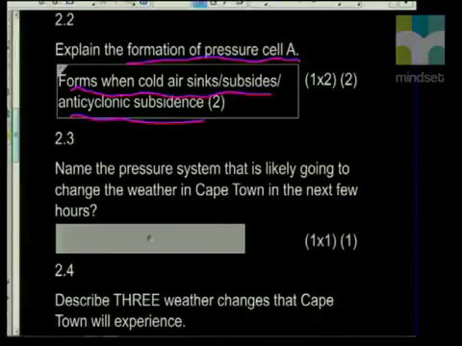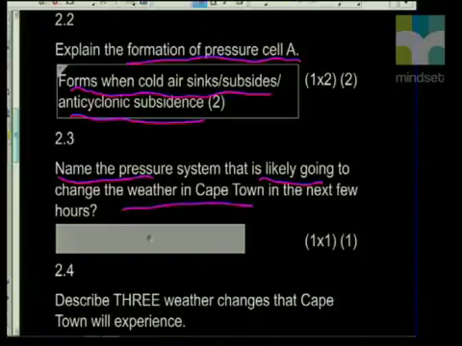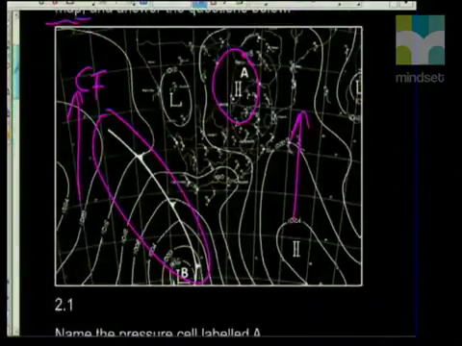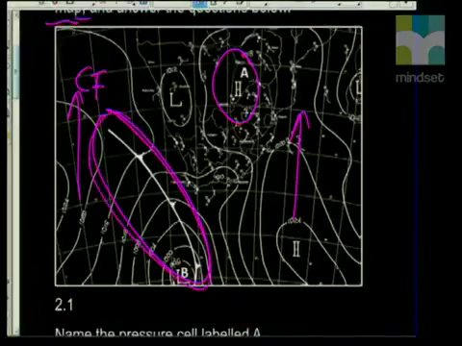All right, let's look at the next question. Name the pressure system that's likely to change the weather of Cape Town. It seems a long sort of question, but it's actually quite simple. All you have to do is look here and see which pressure system is coming in towards Cape Town. Obviously, there's your cold front, so you know it's part of the mid-latitude cyclone.